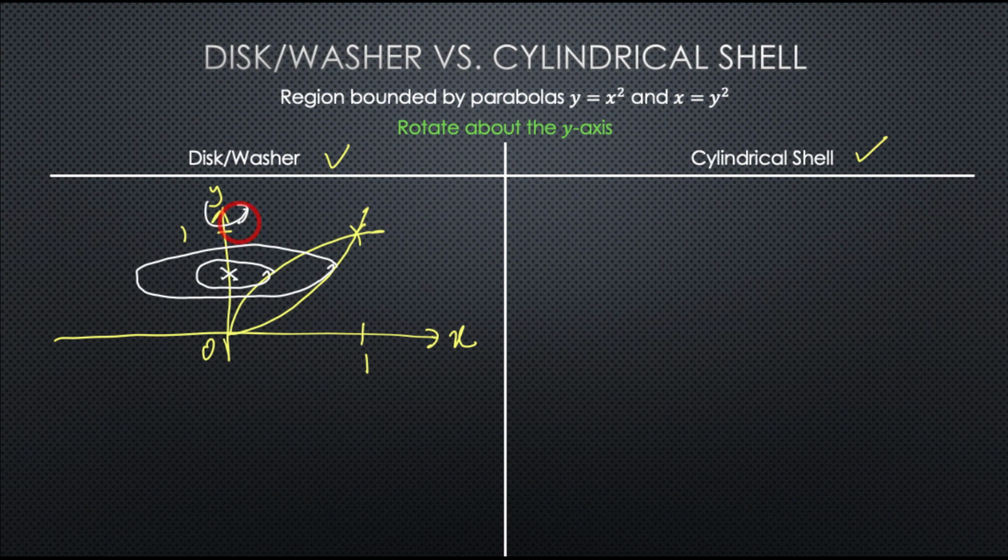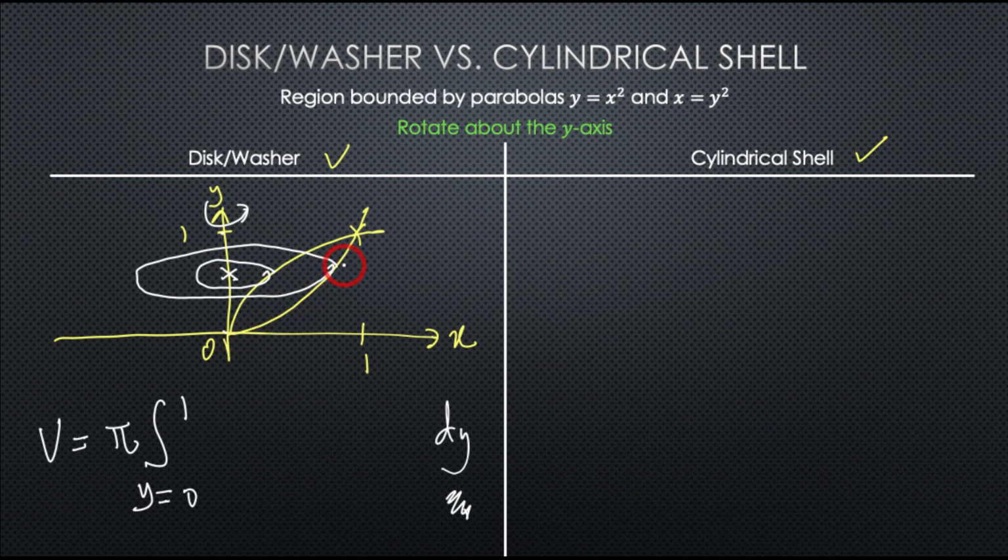parallel to the y-axis. So V is equal to pi, integration y from 0 to 1, dy. And then this circle, the radius of the big circle minus the radius of the small circle. Since this one is dy, this one should be in terms of y.